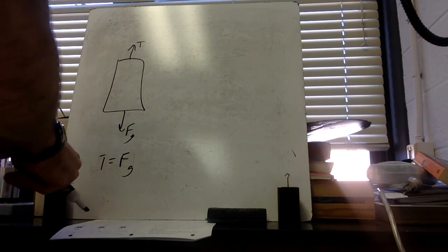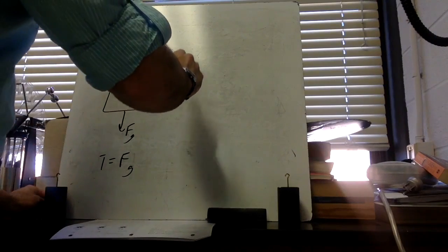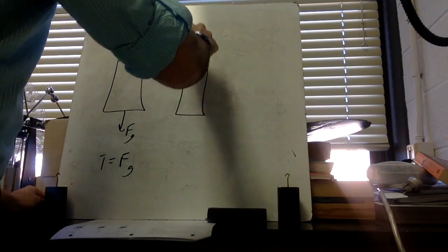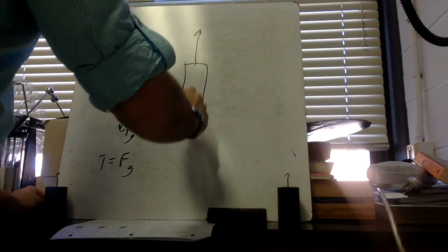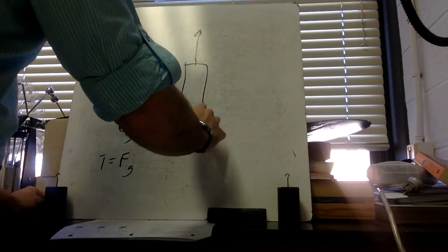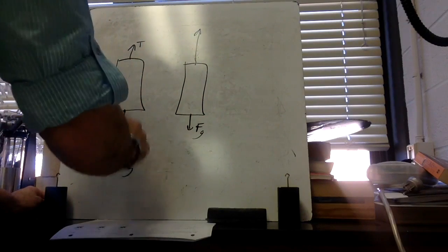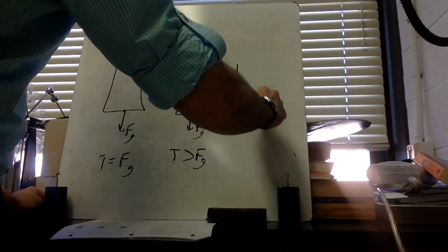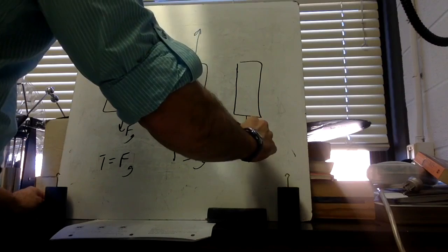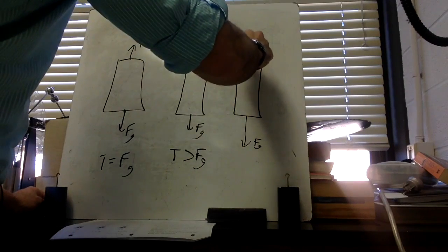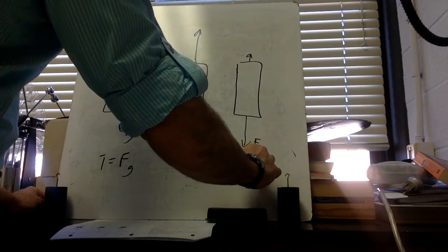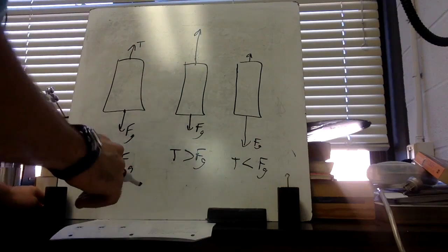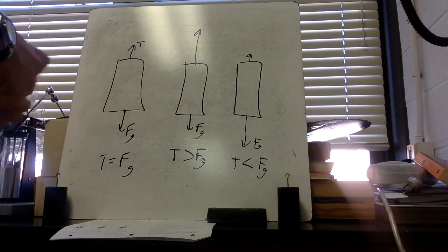Then for B, if it's upward acceleration, that means that T is more than Fg. Okay, so T is greater than Fg. And then if it's accelerating downward, that means that T is less than Fg.